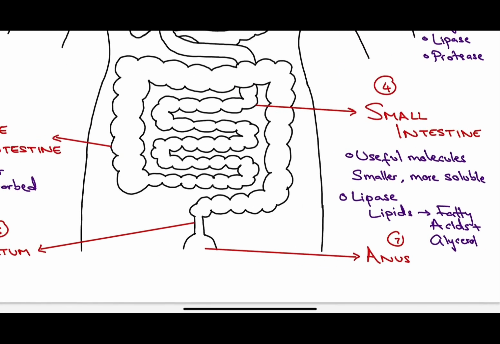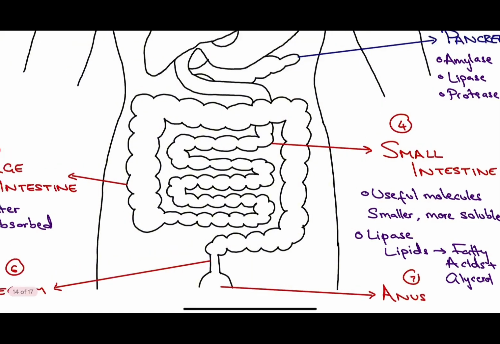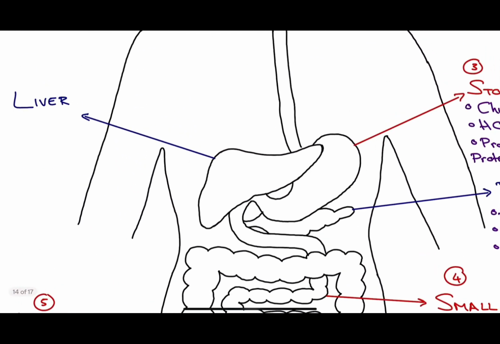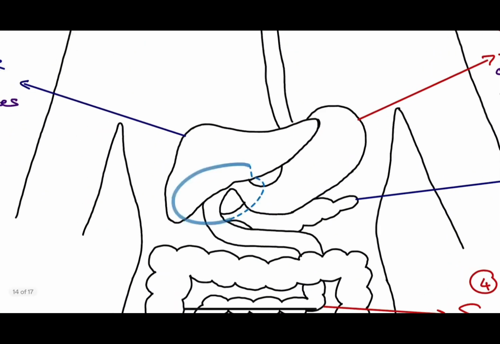But before the lipase actually breaks down the lipids, you have something called bile salts. Bile salts are produced by the liver and stored in the gallbladder, which is somewhere around here.